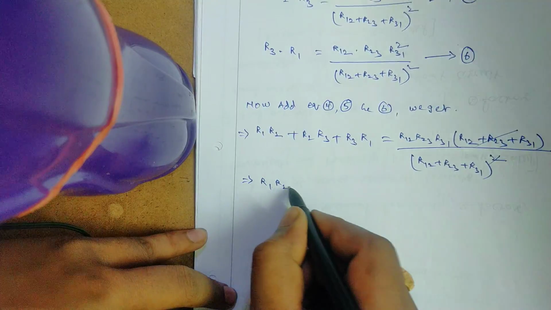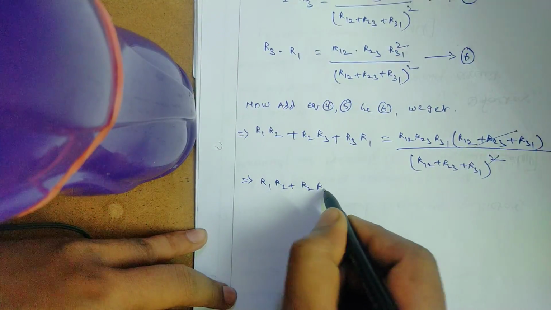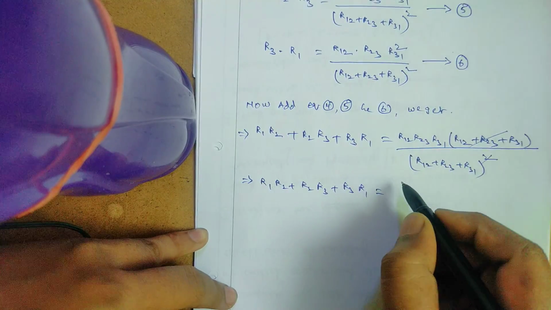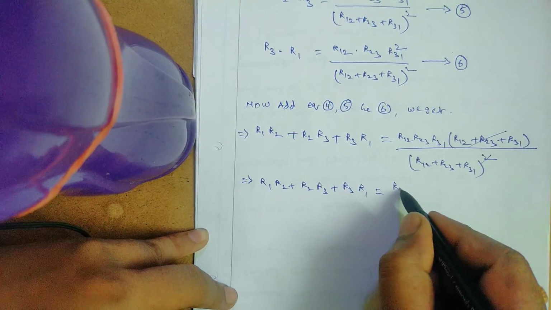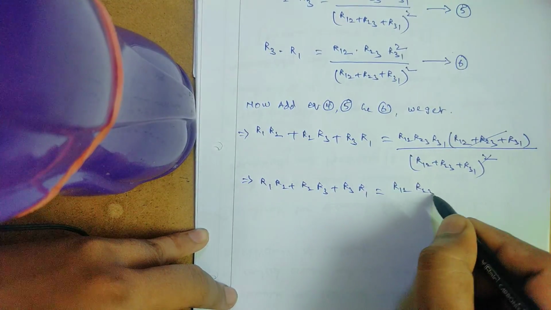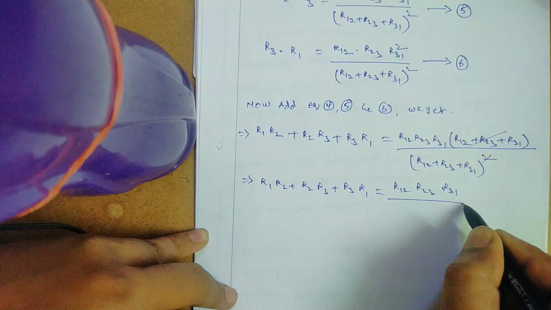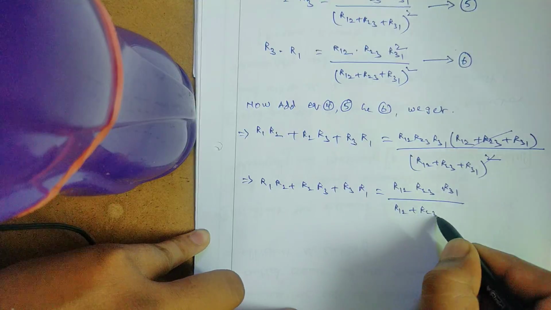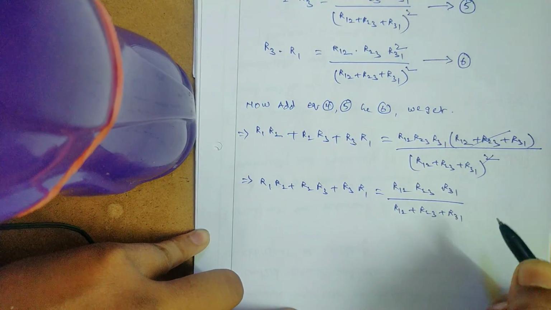You get R1 R2 plus R2 R3 plus R3 R1 is equal to R12 R23 R31 divided by R12 plus R23 plus R31.